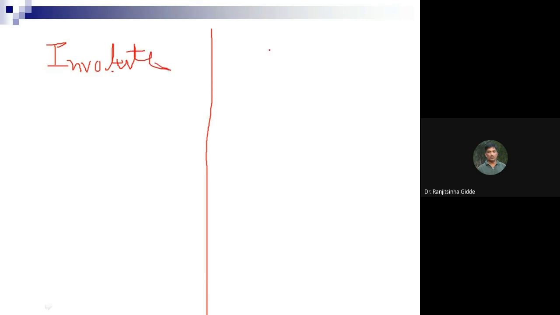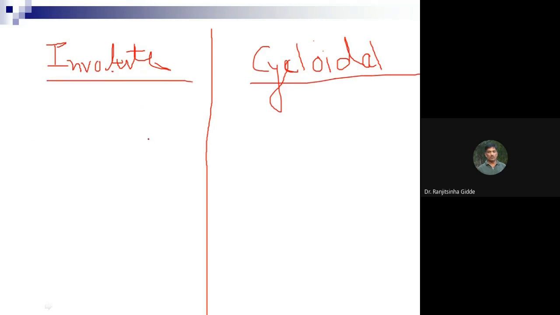So make two sections like this. Here you can write involute and here you can write cycloidal. Okay, involute and cycloidal.